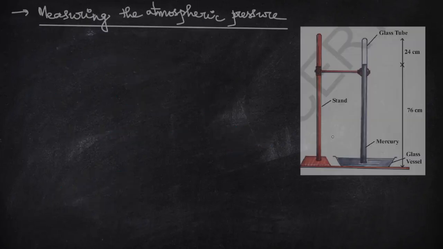Measuring the atmospheric pressure: this is the instrument used to measure atmospheric pressure, which is called barometer, and this barometer was invented by Torricelli using mercury. This is the glass tube in which mercury is there. Here also mercury is present at normal atmospheric pressure. The mercury level in this glass tube is about 76 centimeters. The state of mercury is at rest, so net force is equal to 0.